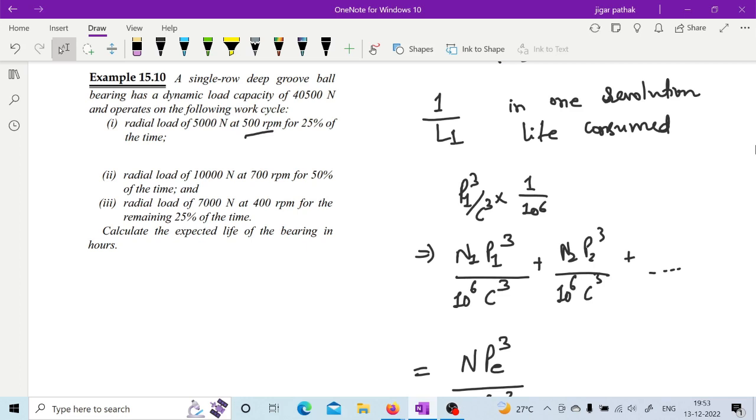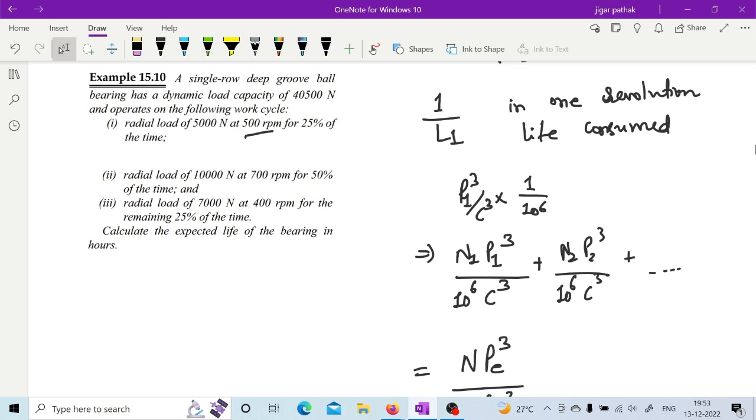The first is a radial load of 5000 Newton at 500 RPM for 25% of the time, then a radial load of 10,000 Newton at 700 RPM for 50% of the time, and then a radial load of 7,000 Newton at 400 RPM for the remaining 25% of the time. You need to calculate the expected life of the bearing in hours. So how can we approach this?